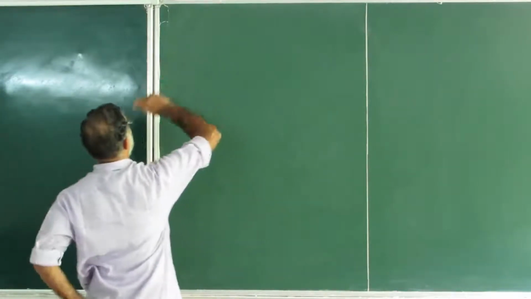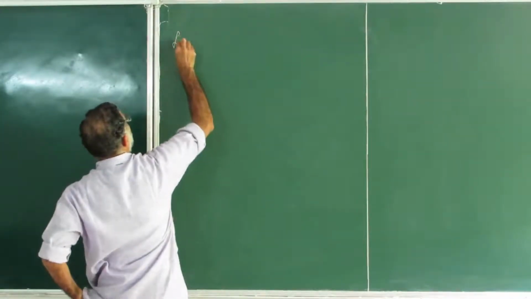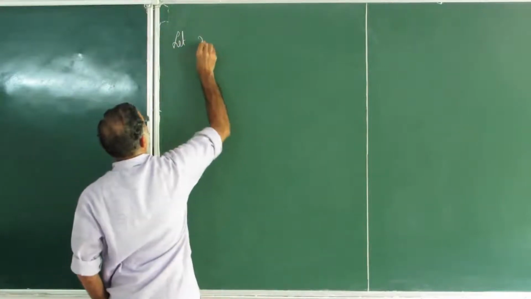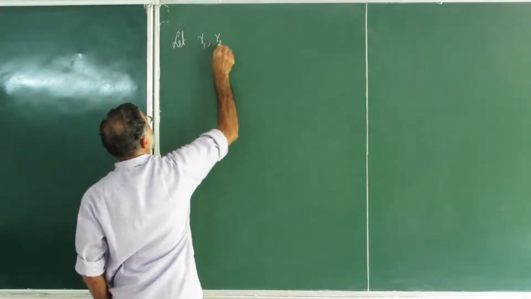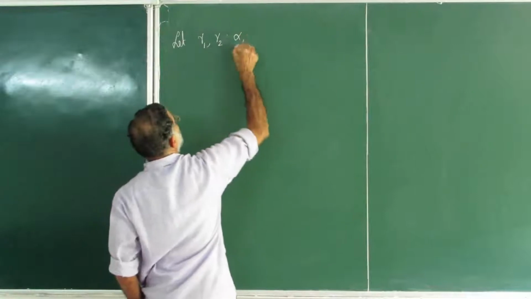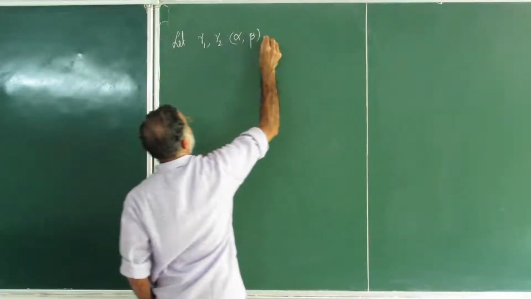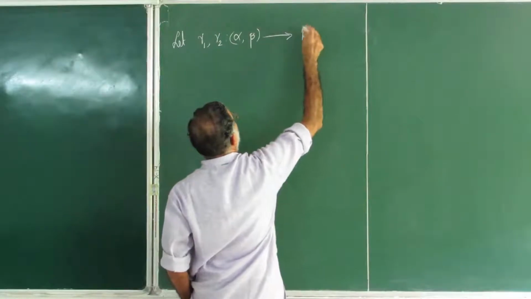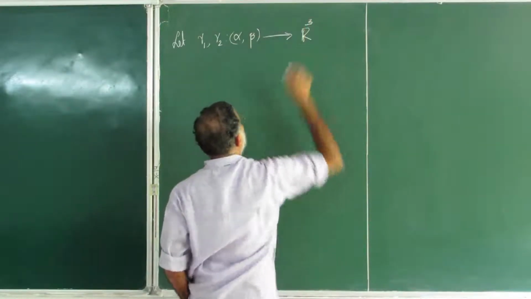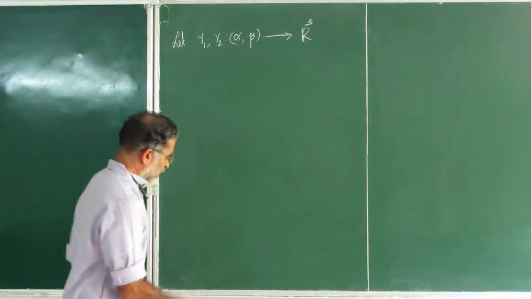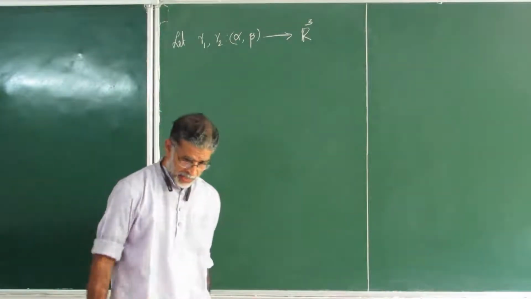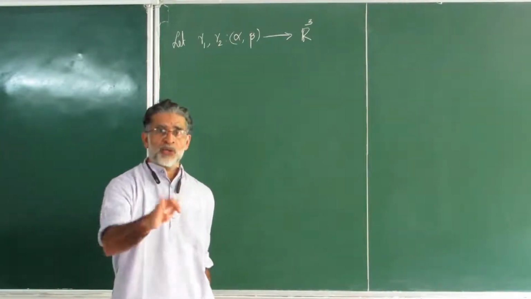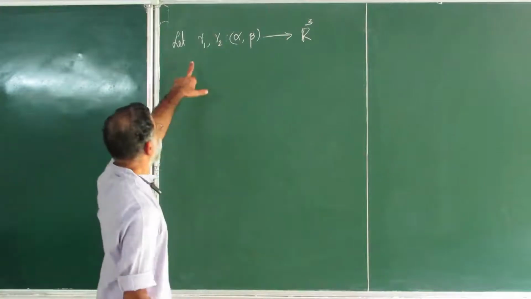So let us start with two curves. Let gamma 1, gamma 2 be curves in R3. Even in the earlier one, I did not take the unit speed, so it is nothing to worry. But now I have to be careful.